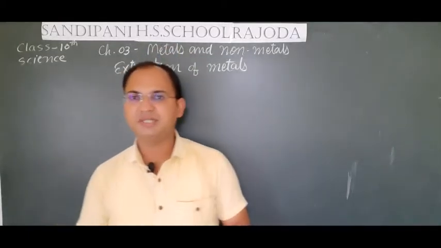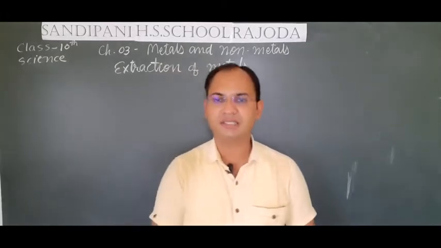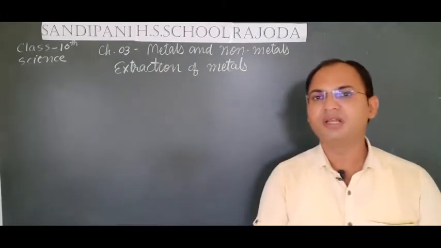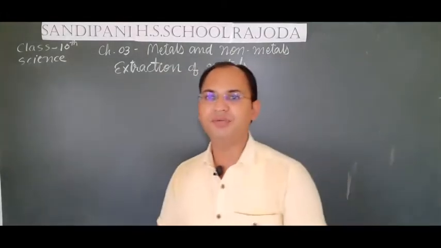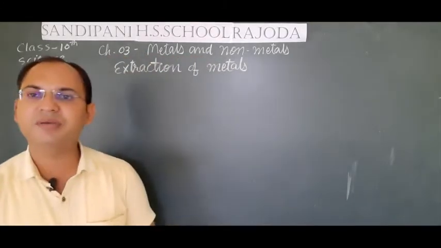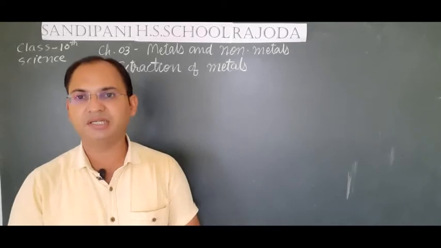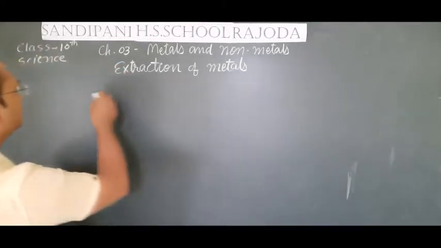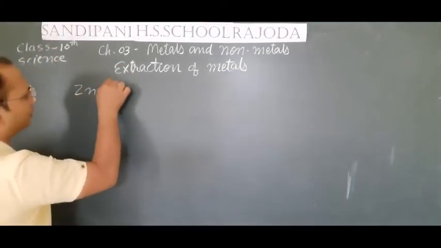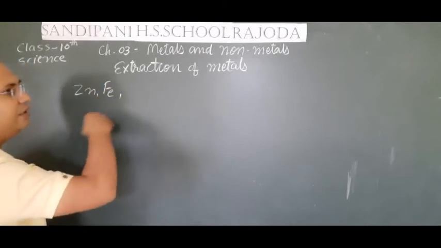Hello 10th class students. Today in science we will learn about the extraction of the metals. In the previous video, students, we studied the extraction of the metals present in the middle of the activity series, and the main metals were zinc, iron and lead.